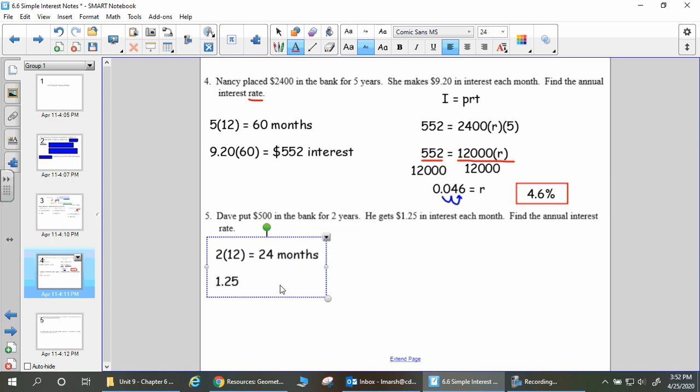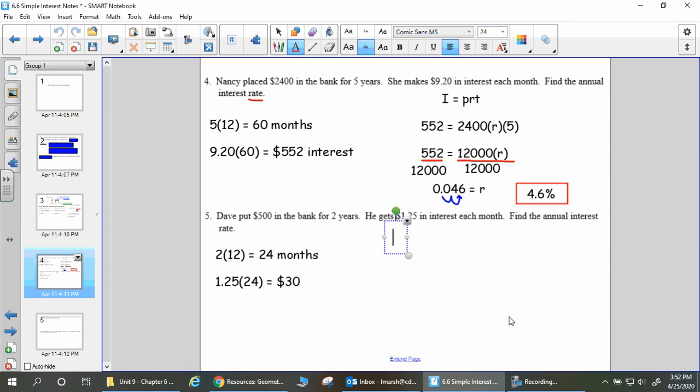So $1.25 every month for 24 months, right? So $1.25 times 24, he is getting the $30 in interest.